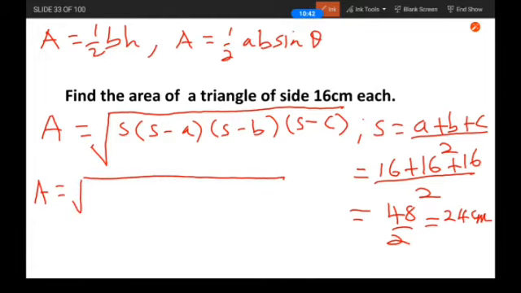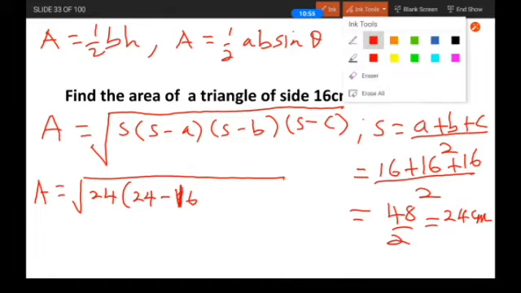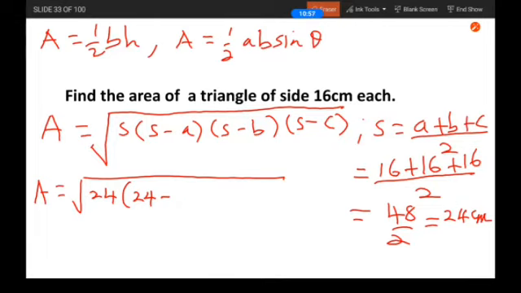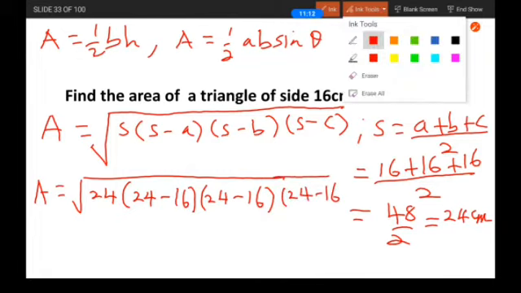S, we have 24 into 24 minus A, and A is 16. Let me clean that so that you don't get confused. So that is 16, right? 24 minus 16 for the second side. Then, so this is used when 3 sides are given. Is that okay?